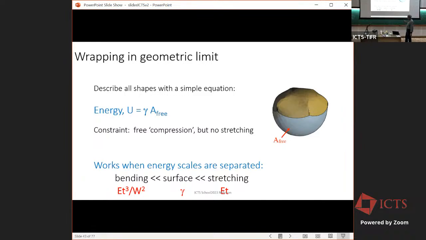Stretching is so expensive that it's a constraint: you don't change the surface area. The rule is you're allowed to bring two pieces of material closer to each other, and the material will take care of how it does it. But no two pieces of material can separate. So folding, wrinkling, crumpling, everything's allowed, and it's allowed for free to first order.